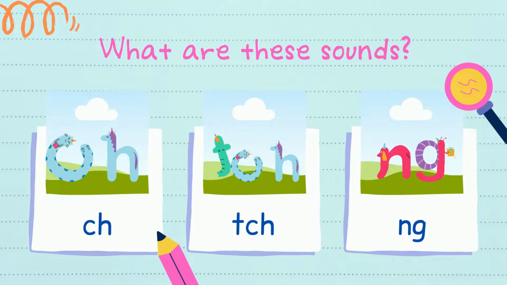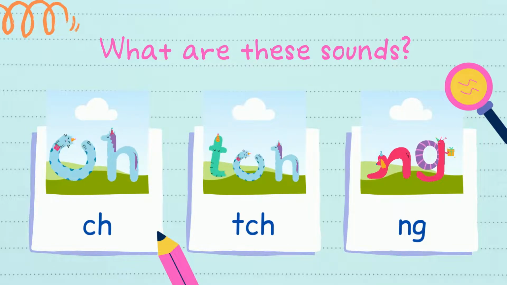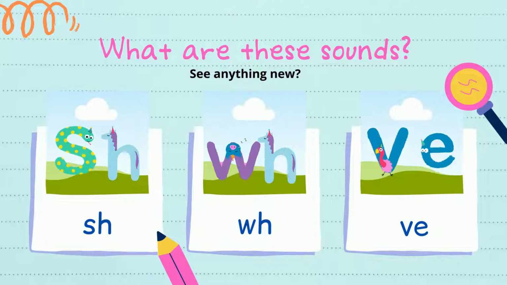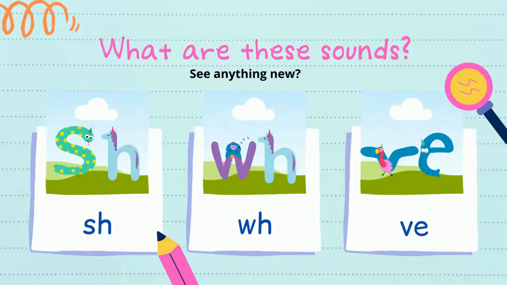And then you have letter N and letter G, which makes the sound ng. Next, S and H. When you put them together, it makes the sound sh.